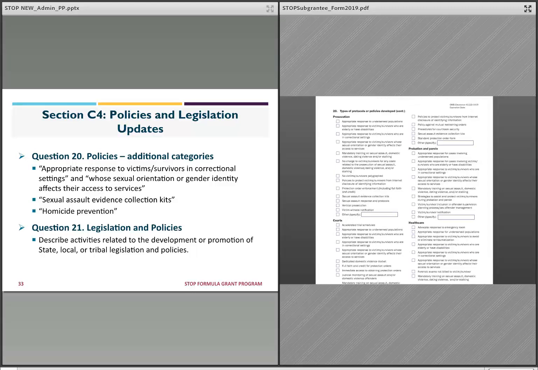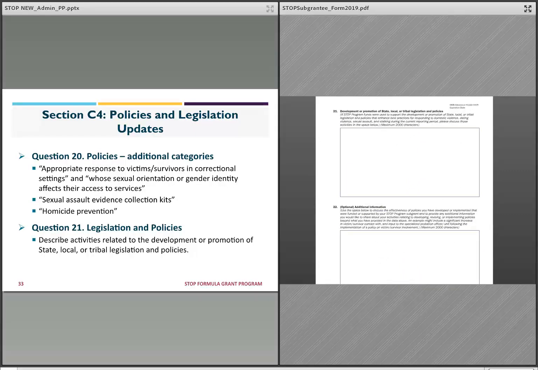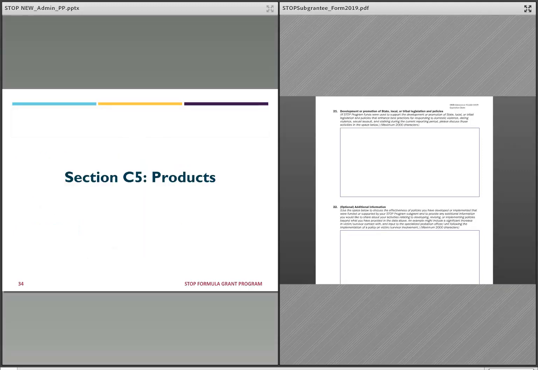In question 21, legislation and policies, an entirely new question and a narrative question, subgrantees should describe activities related to the development of or promotion of state, local, or tribal legislation and policies.